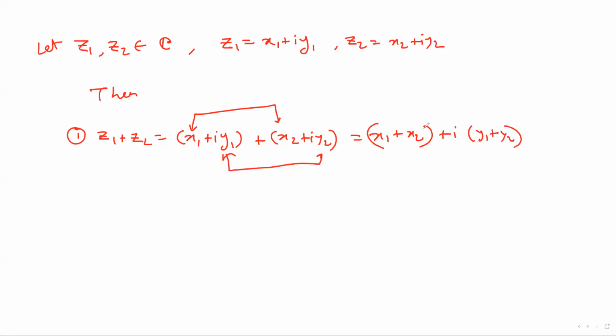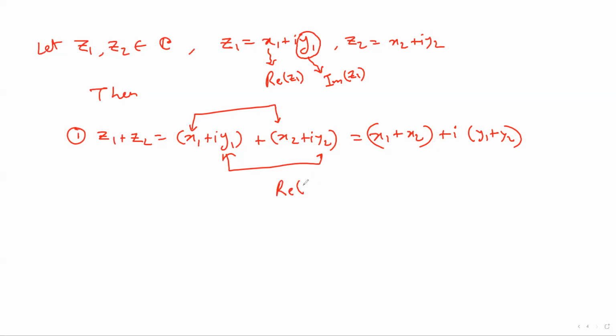Generally, this x1 is called the real part of Z1, and not iy1 but only y1 is called the imaginary part of Z1. These 2 notations are standard notations in the study of complex numbers. So this relation can be stated as what we just wrote.